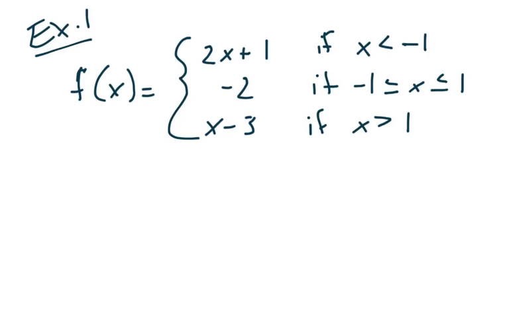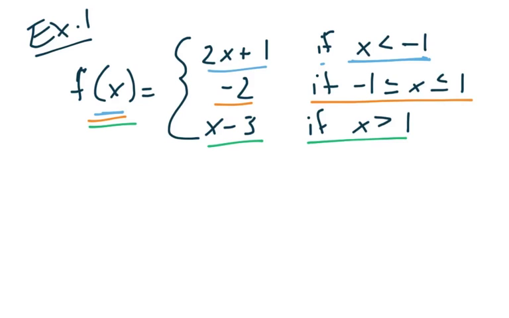So the way we read this is that we have a function, and this function is equal to 2x plus 1 if the x value is less than negative 1. Or this function is equal to negative 2 if the x value is between negative 1 and 1. Or it's equal to x minus 3 if the x value is greater than 1. So the x value, like we said, decides which piece we use.